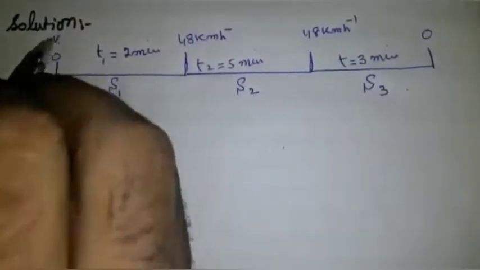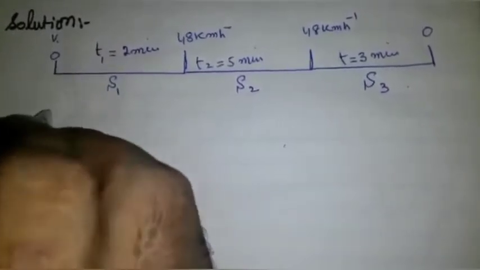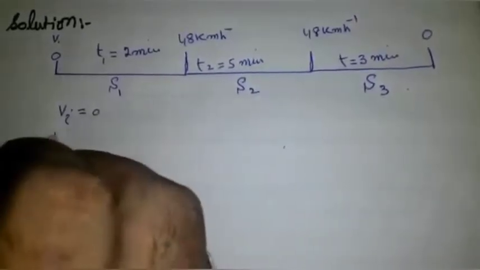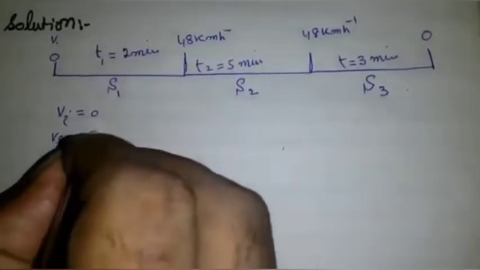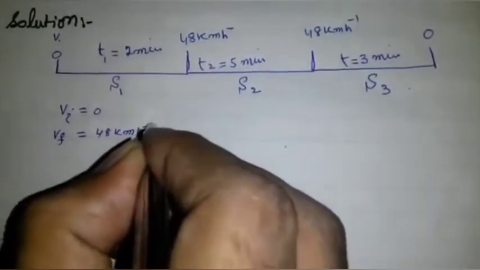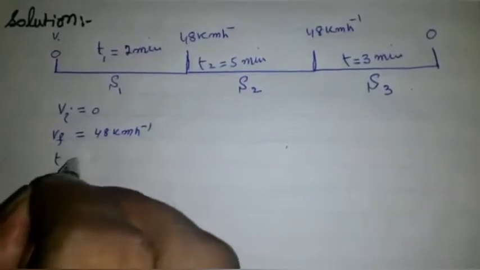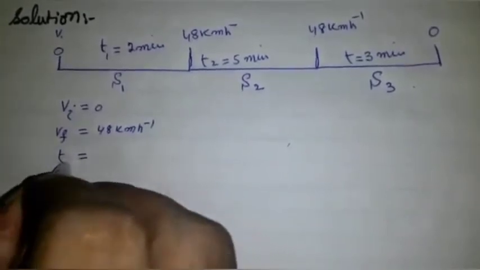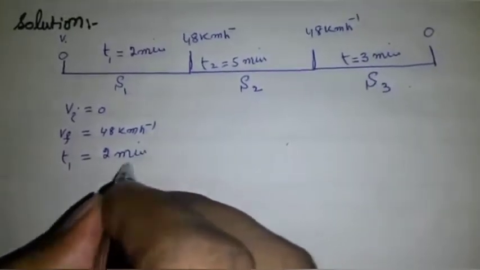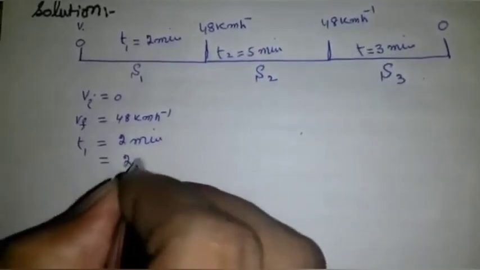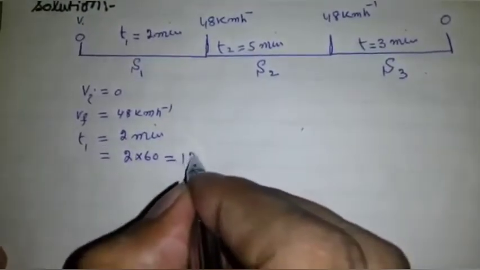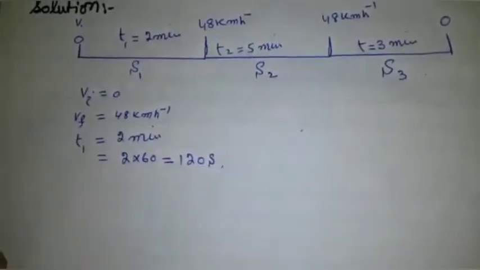Let's calculate. Here Vi is equal to 0, Vf is equal to 48 kilometer per hour, t is equal to t1 is equal to 2 minutes, which is equal to 2 into 60, which is equal to 120 seconds.